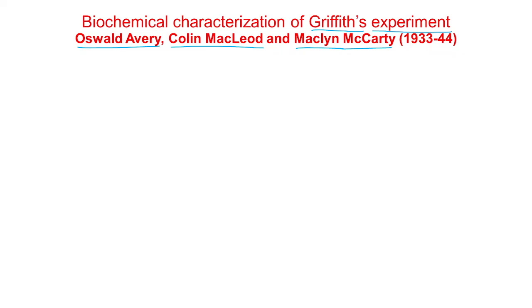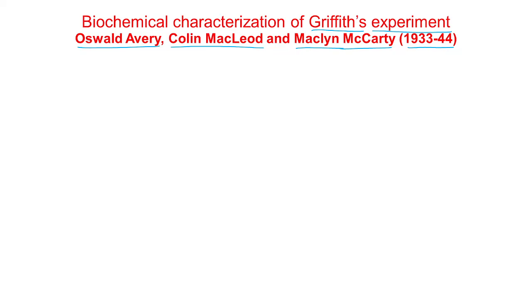These three scientists, in the years 1933 to 1944, continued Griffith's experiment and found which molecule is transforming the live R strain bacteria into live S strain.